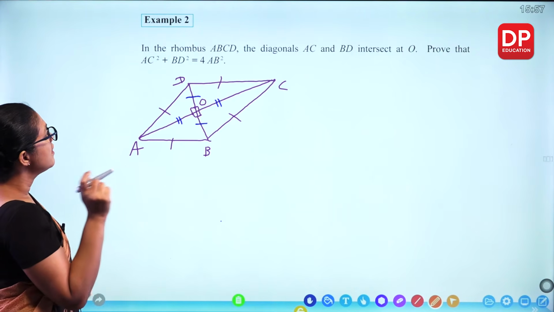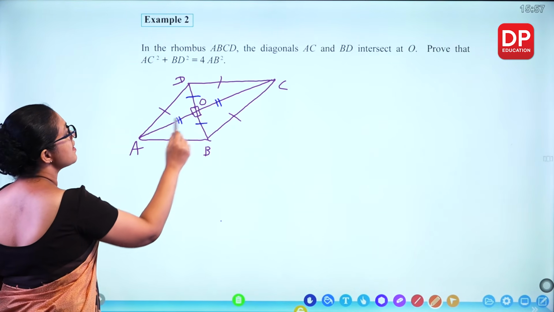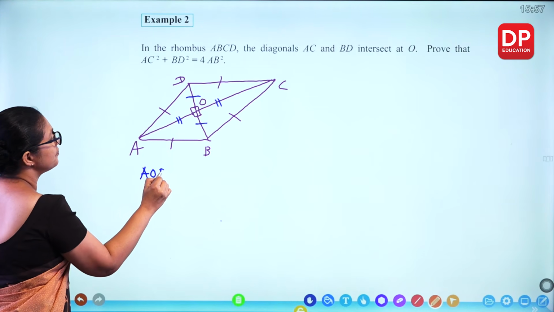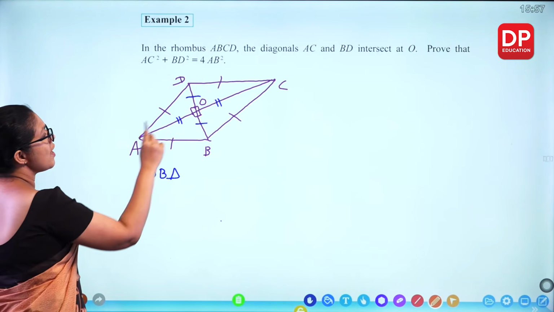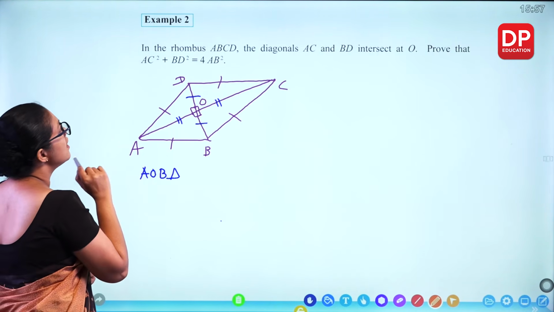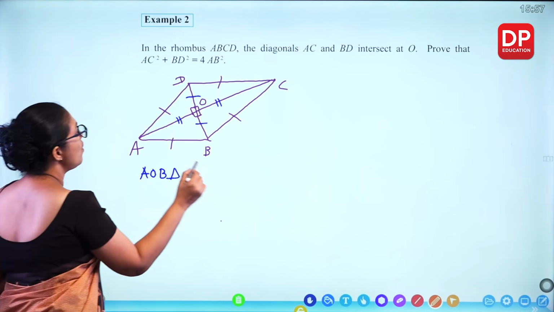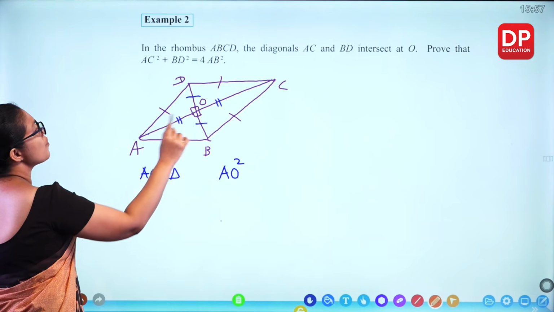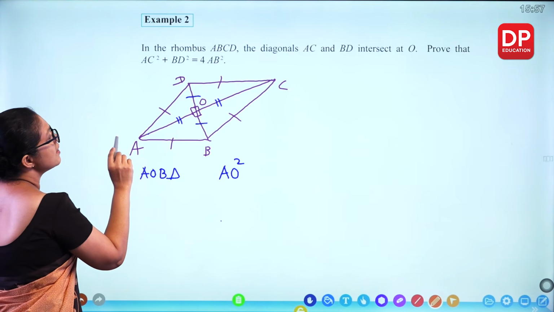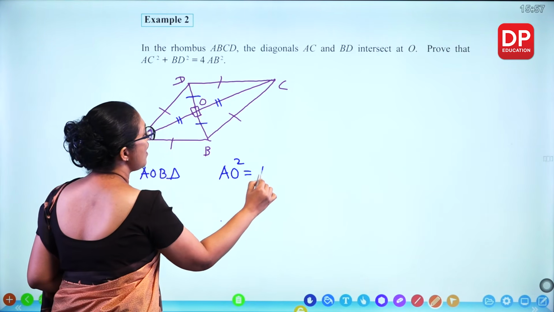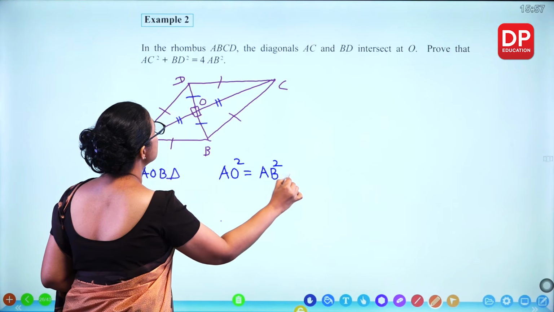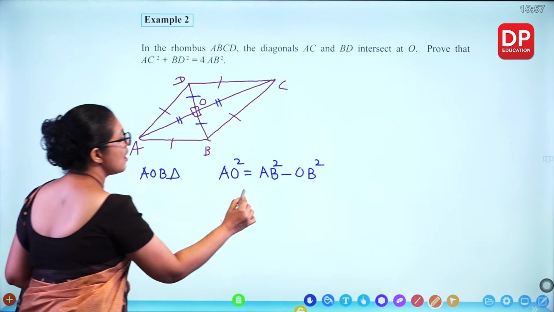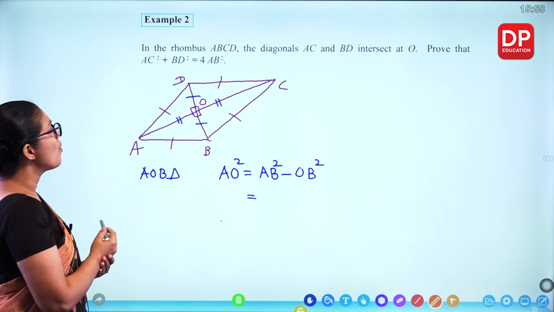Now we can apply Pythagoras theorem for this triangle, AOB triangle. In triangle AOB, what is AO squared? AO squared is AB squared minus OB squared. Now, what is AO?